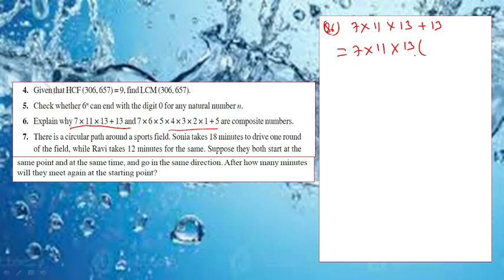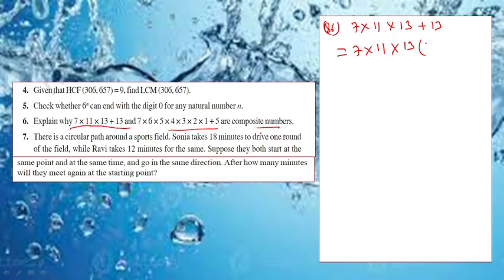So 7 into 11 into 13 plus 13 are composite numbers.